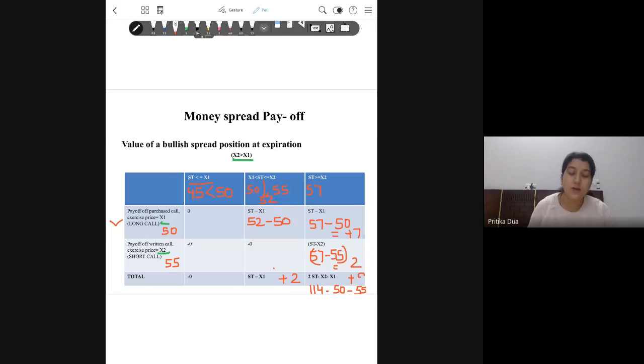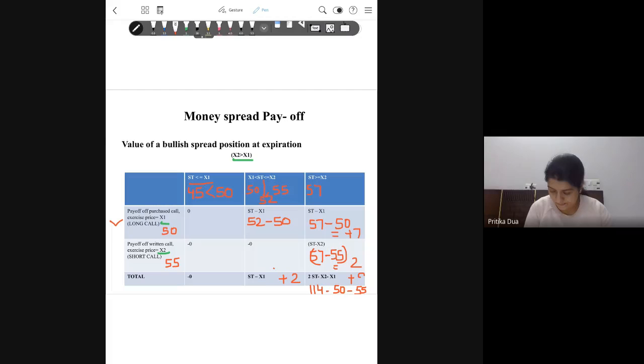That makes a value of rupees 9. Because you are still gaining on the short call. You're making a loss on the short call. Zero, five.